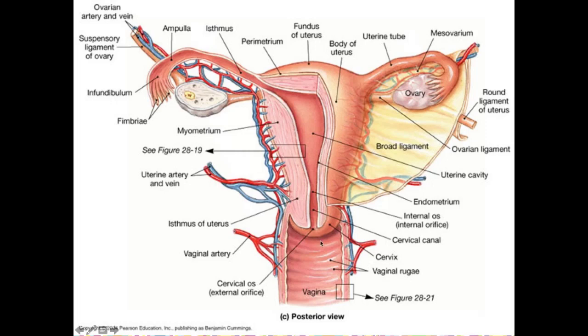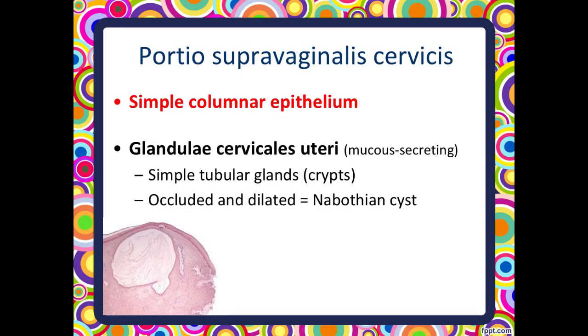And the ectocervix is covered by stratified squamous epithelium, similar to the vaginal epithelium. I mentioned already the simple columnar epithelium, and there are glands, cervical glands of the uterus. They are mucus secreting simple tubular glands, sometimes called the crypts.